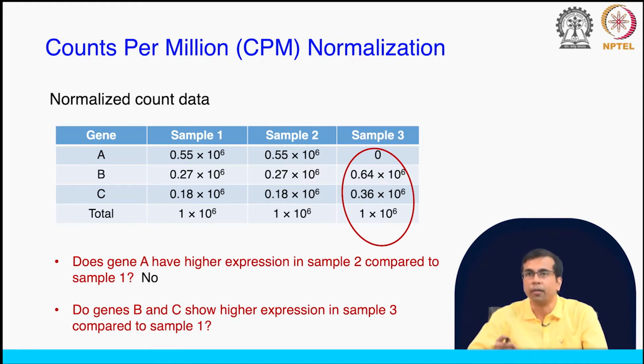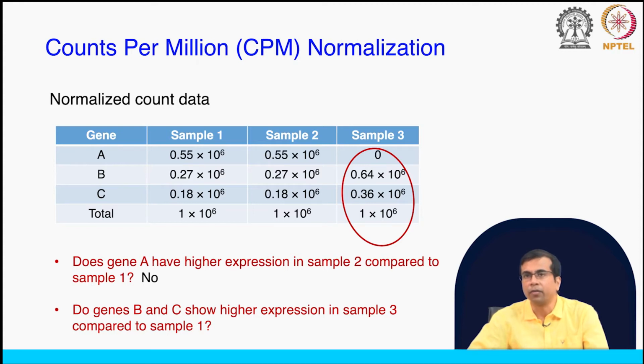So this composition bias we have not addressed, right. If you just look at this CPM data, this normalized count data, what you see is that sample 3 has higher count for gene B and gene C compared to sample 1 or sample 2. And you might say, okay, these genes B and C are showing higher expression in sample 3 compared to sample 1 and sample 2.